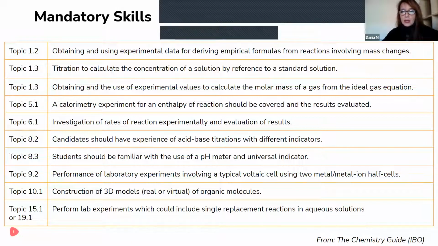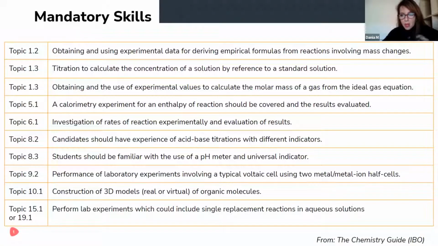So you can see that there are some required lab skills that students really need to develop throughout the 2 year course. It's very important to understand this, because many questions on the exam relate to these, and students should be able to analyze and evaluate data related to such mandatory skills.